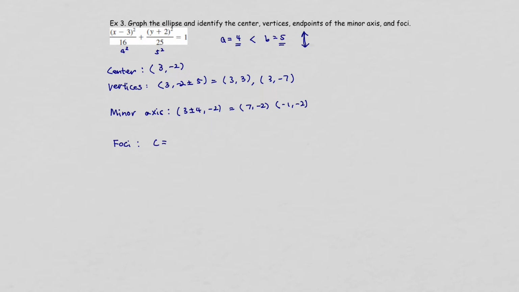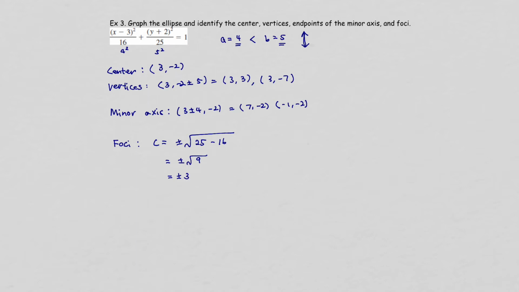And we know that focus points, you can get from ± square root of b squared minus a squared, which is ± square root of 9, that is 3.